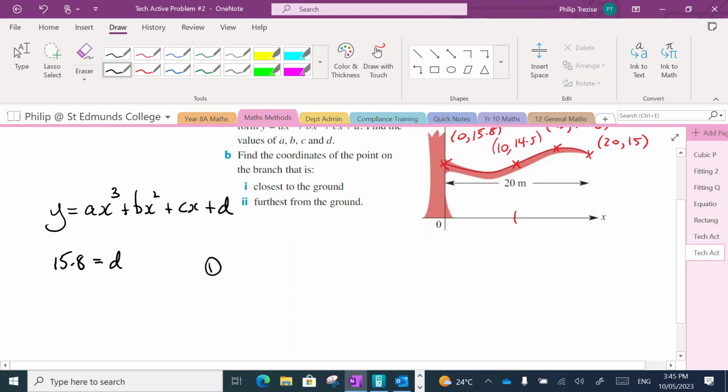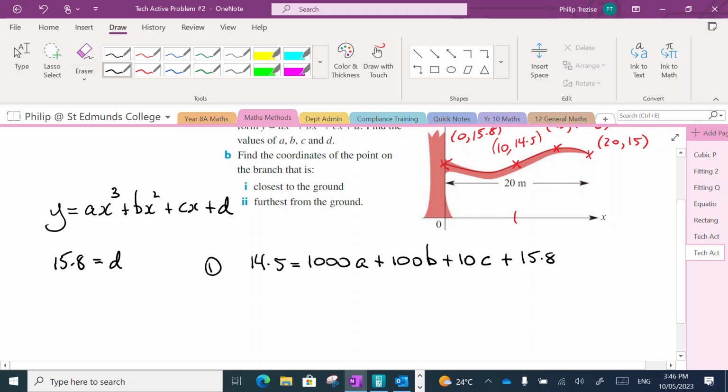Now we're going to set up 3 equations in 3 different unknowns. In my first attempt here, I'll put 14.5 for the y value, and I'll be using 10 for the x value. So I'm thinking 10 cubed times a, that's 1000a. Then I have 10 squared times b, 100b. And I have 10 times c, that's 10c. Now it still has plus d, which is 15.8.